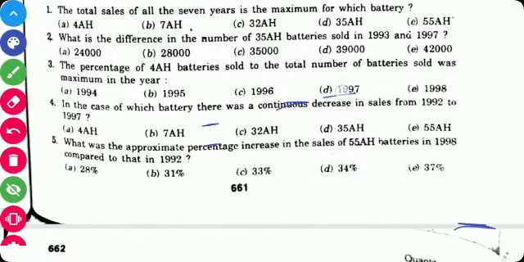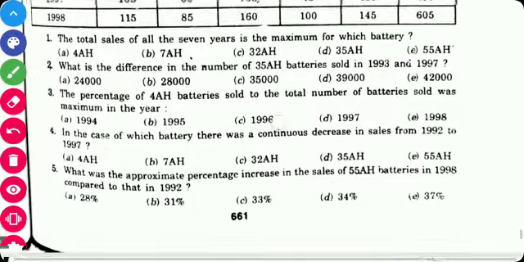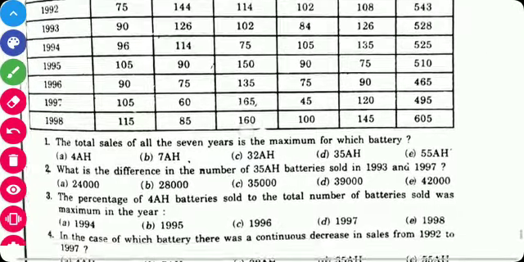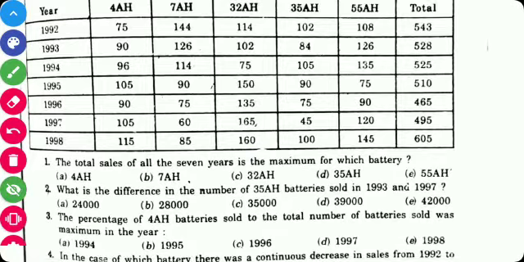1997. Okay, now next is, in the case of which battery was there a continuous decrease in sales from 1992 to 1997? So we have to observe the table and find out which battery is having a continuous decrease from 1992 to 1997. So here it is increasing, here it is decreasing till 1997.